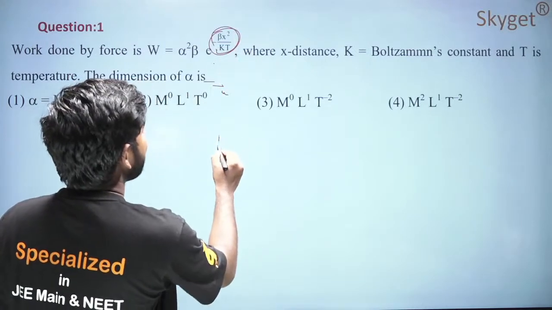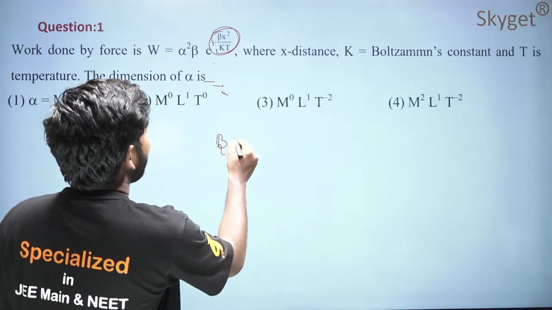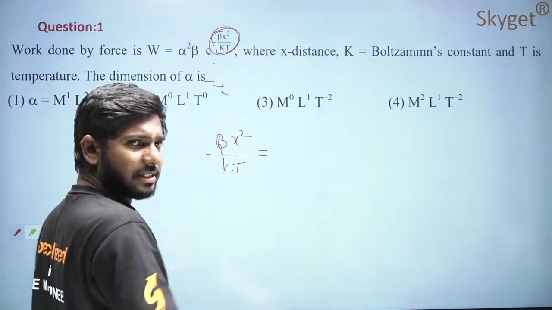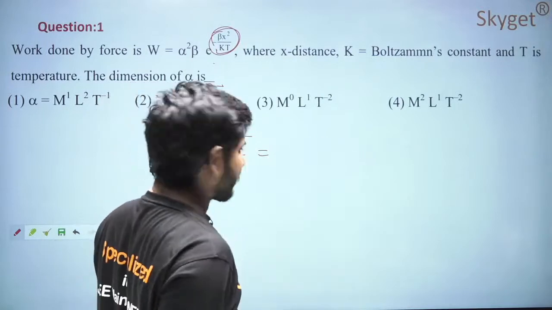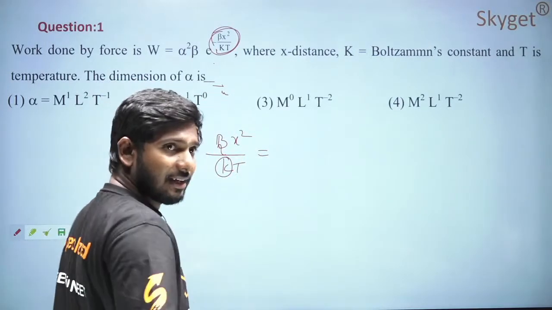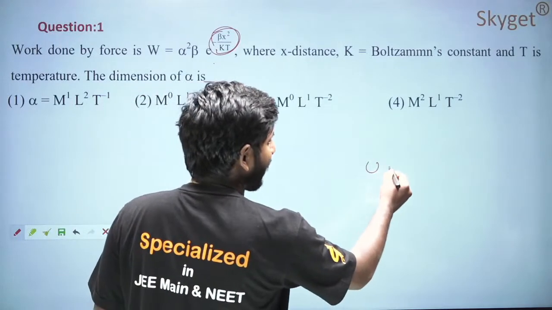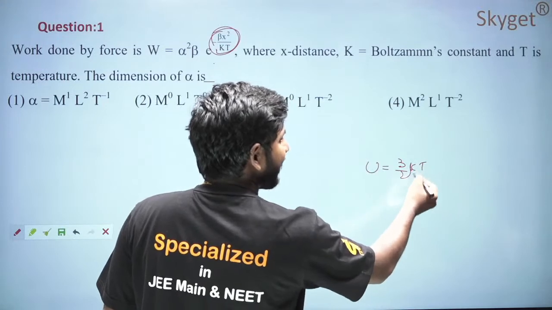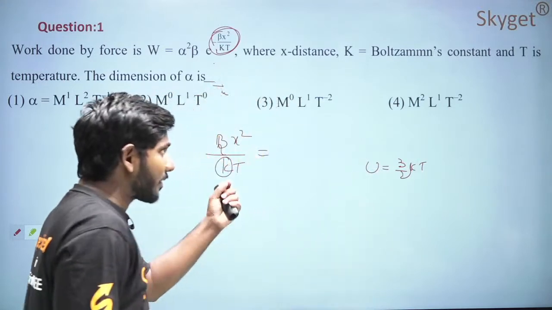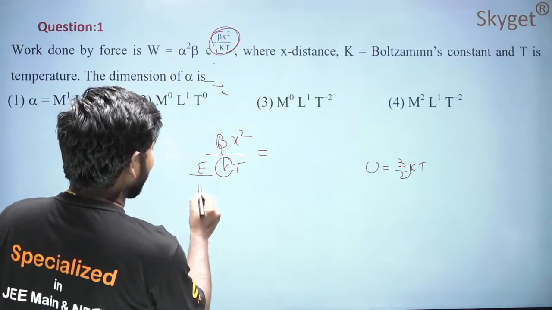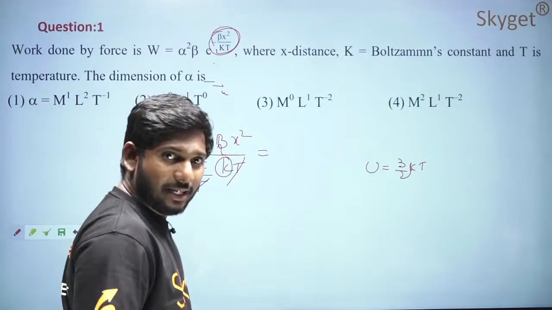That implies beta x square by kT will be dimensionless, that is M power 0, L power 0, T power 0. You know this formula: internal energy is equal to 3 by 2 kT. So k, the Boltzmann constant, will have a dimension of energy by temperature, and so the temperature gets cancelled.